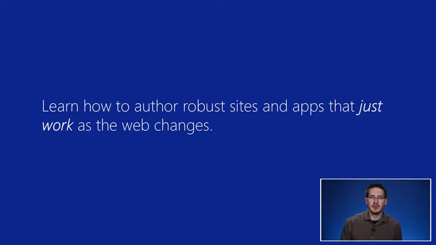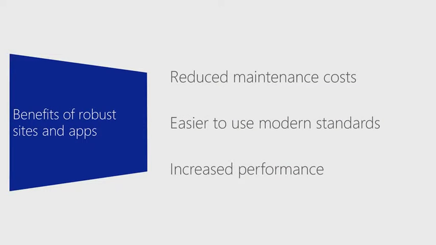Ultimately, what I hope you'll take away from today's session is to learn how to author robust sites and apps that continue to just work even as the web changes. This can have a number of benefits.